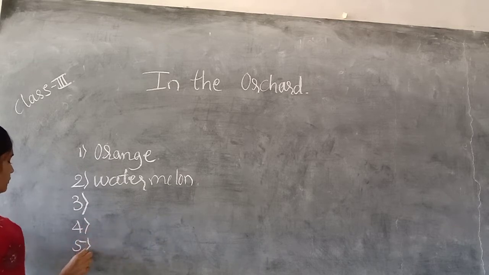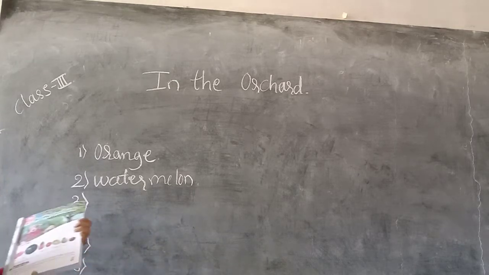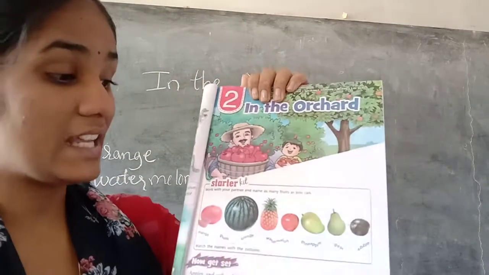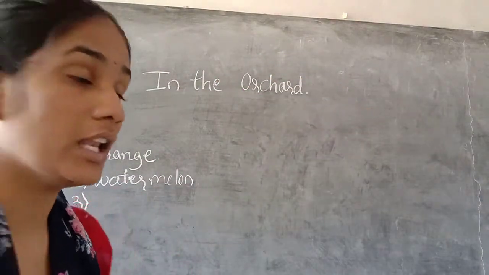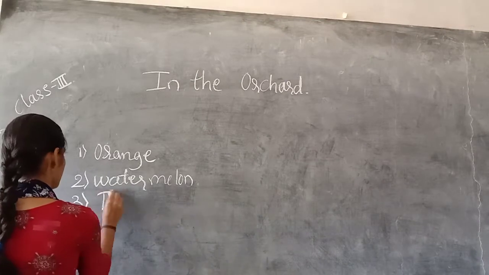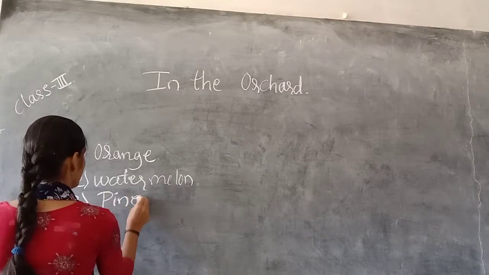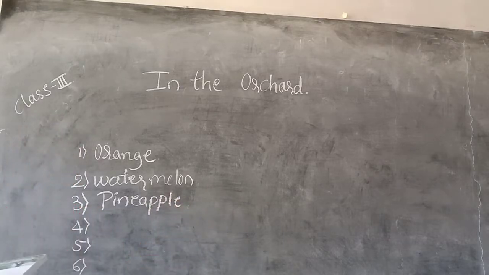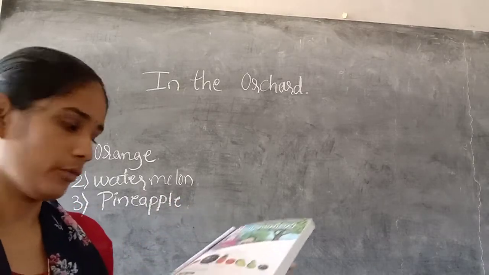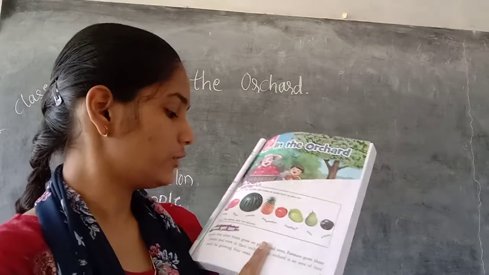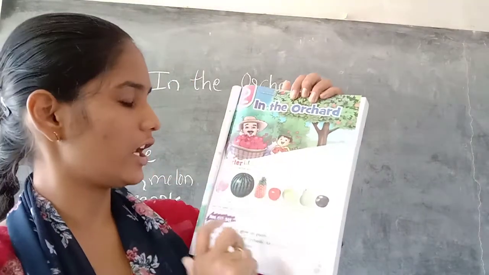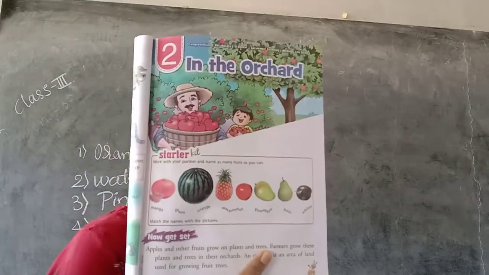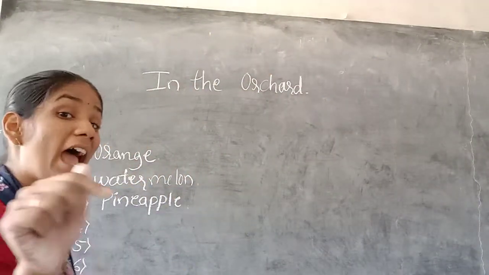So look at the third picture. Which fruit is it? Yes, it is pineapple. We have seen the pineapple, haven't we? Yes, we have. Look at the fourth picture. See, it is a red colored fruit. Which fruit is it? Yes, it is an apple.